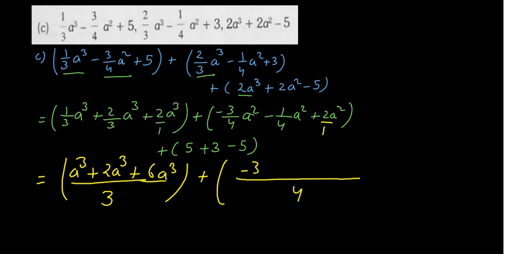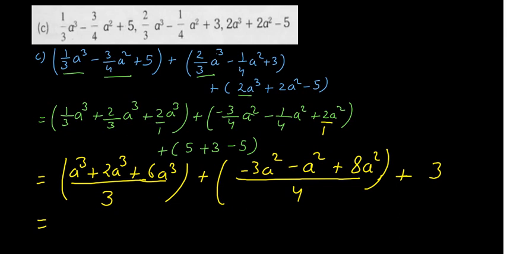First term remains as it was, second term remains as it was. In the third term we multiply the numerator with 4, so 2 4s are 8, 8a square. And lastly, for the last bracket of constants, we have 5 plus 3, 8, 8 minus 5, again 3.